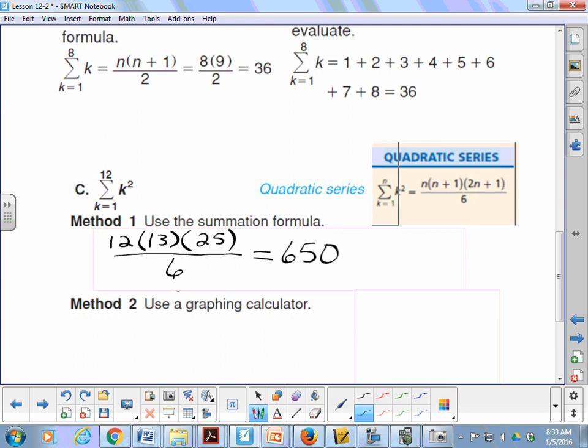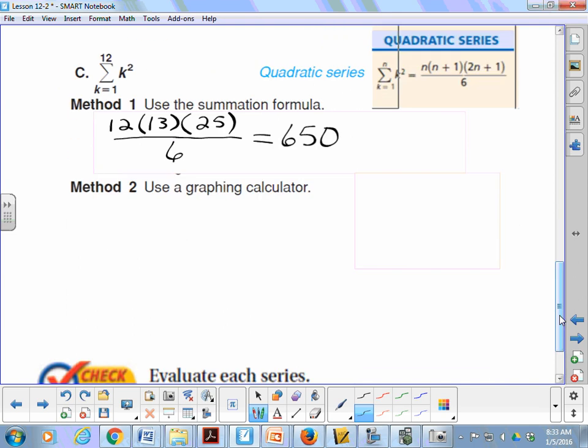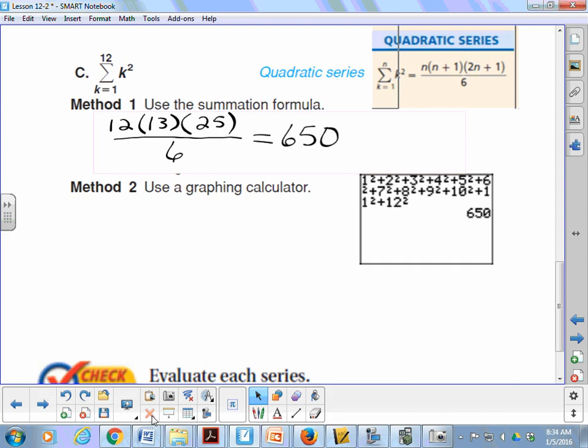I couldn't do 6. You can do 12 divided by 6? 2. Yeah, all right, there you go. Or we could expand it, write them all out, and add them up also. Or now you could even use the calculator by plugging it in.